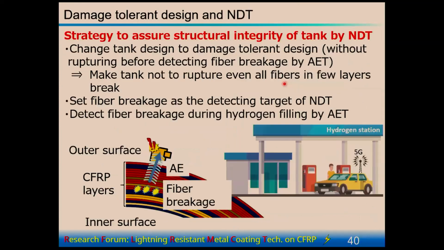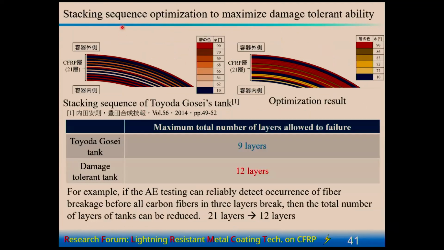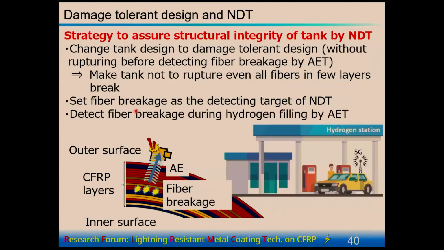Another method is, as I said, we want to do acoustic emission testing during the filling of hydrogen, but we need to change the tank design to a damage tolerant design. I mean, make the tank not rupture, even if all fibers in a few layers break.